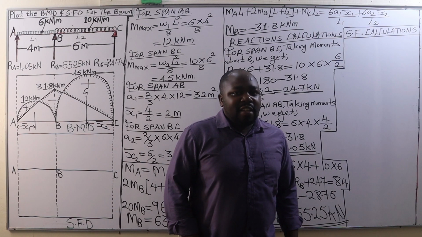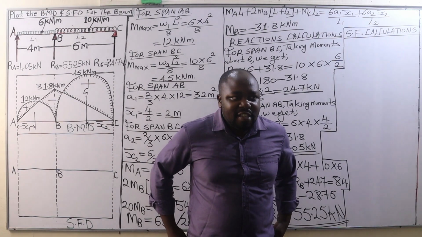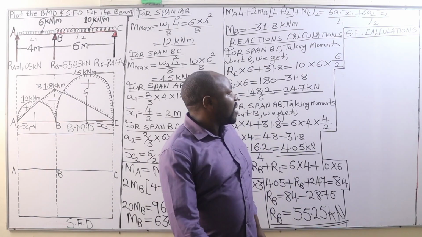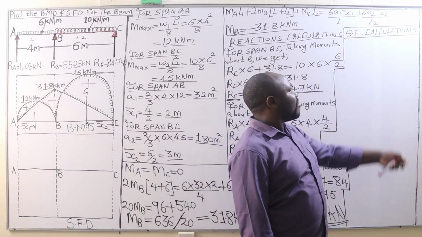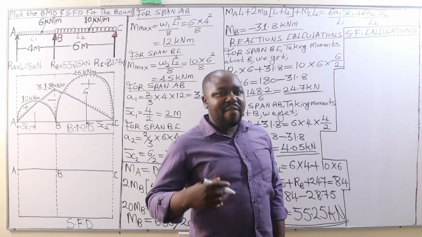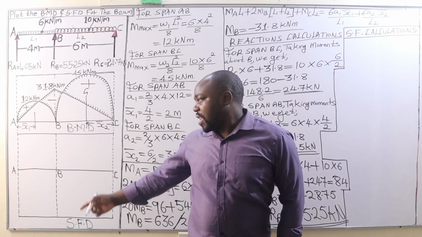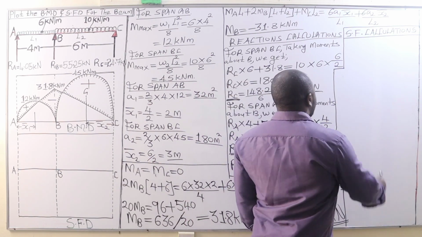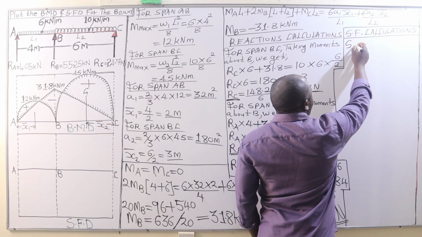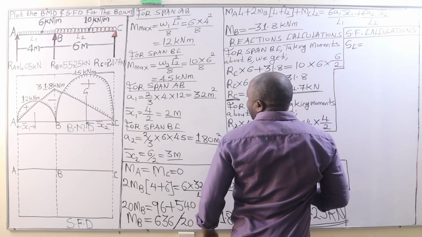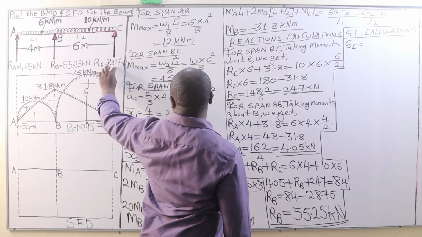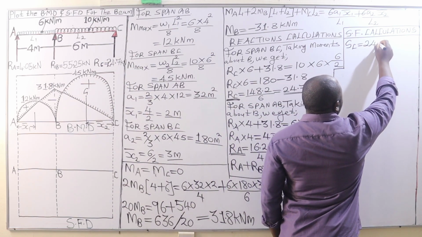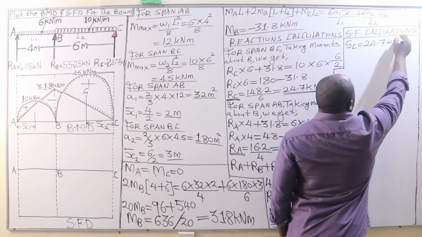Now, after getting the value of the reactions at A, at B, as well as the reaction at C, finally, we are going to calculate the shear forces so that we use those shear forces to plot the shear force diagram at this point. So we are going to begin with the shear force at C. Shear force at C will be equal to this reaction at C, which is 24.7 kilonewtons.